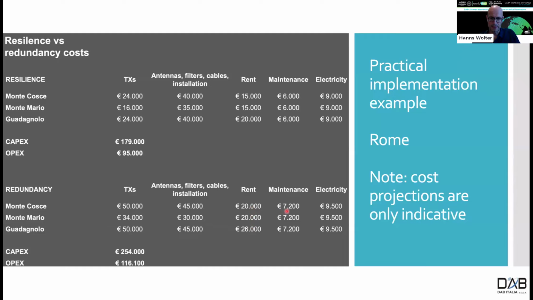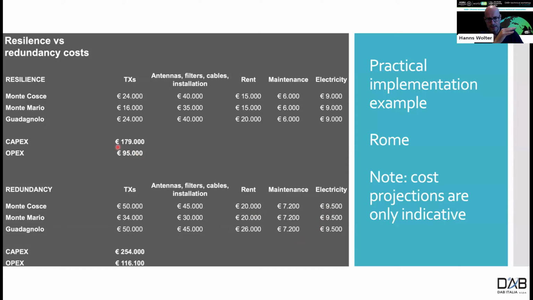Maintenance costs will be a little bit higher because, of course, you have more hardware to check. And also electricity costs will be higher because even if one of the redundant transmitters is in standby, it will still be switched on, so it will consume power. It will require more cooling, etc. And therefore, you can see that there is a significant difference in the cost of running such a system.